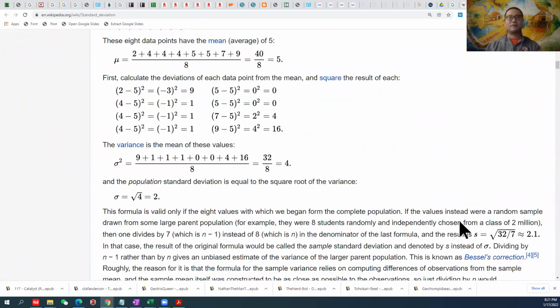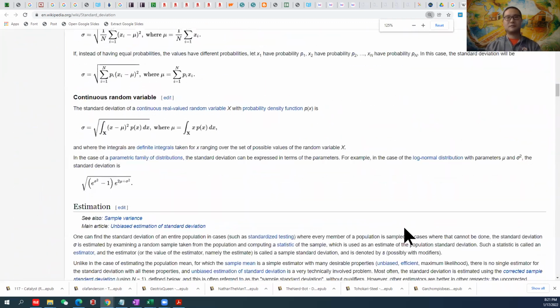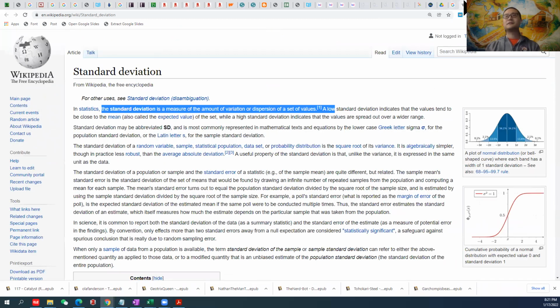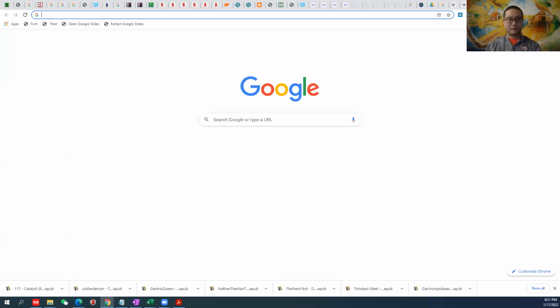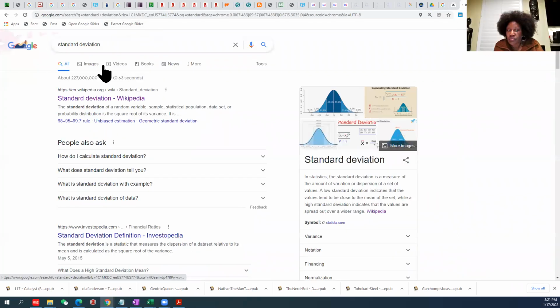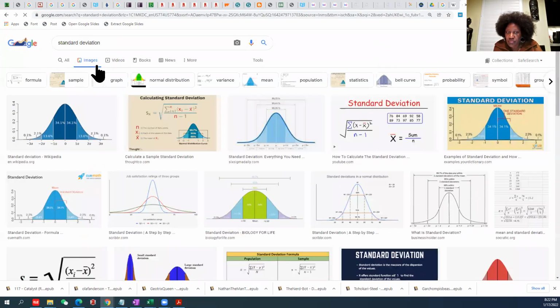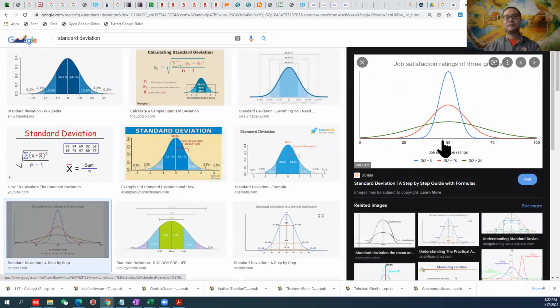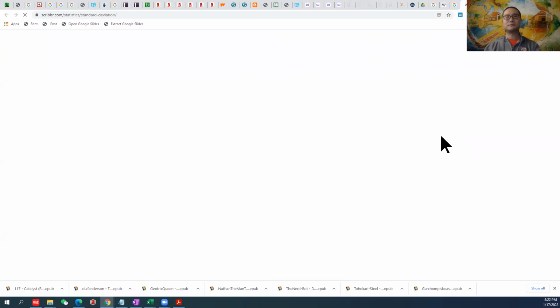And if there's a comparison, well, there are no other... about standard deviation. Let me find an image so we can see. Okay, yeah, this is the kind of image I was looking for.